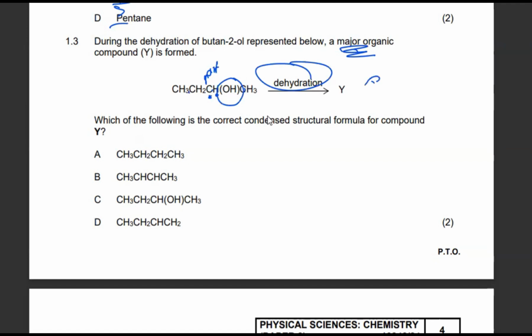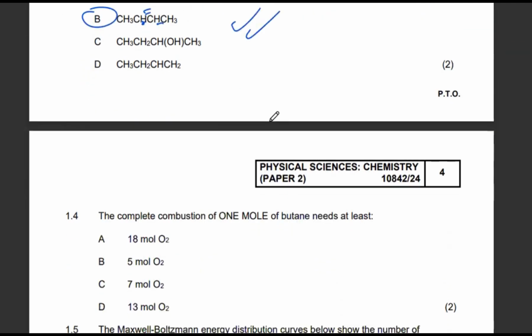So the compound must have 1, 2, double bond, 3, 4. You put the hydrogens, 4 bonds on each carbon. So basically the compound must be like that. When you come here, you see here 1 carbon, 1 hydrogen, meaning the double bond is there. So B becomes the most correct answer. Then we go to the next question.